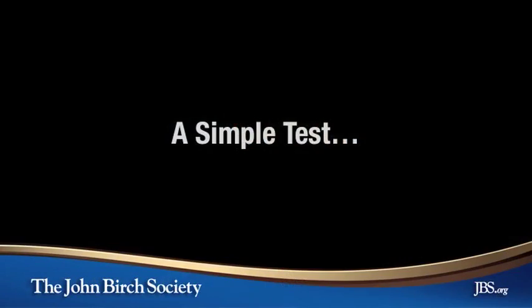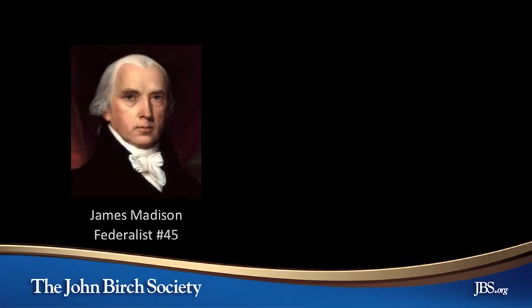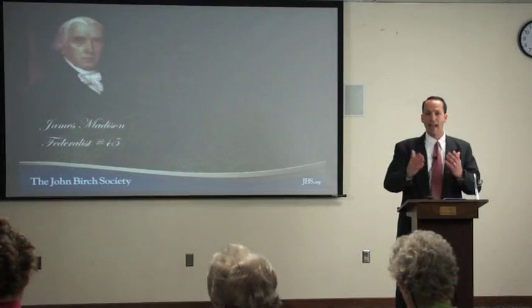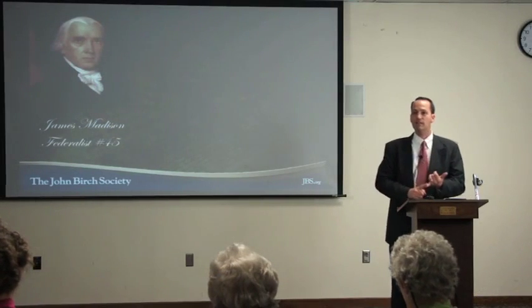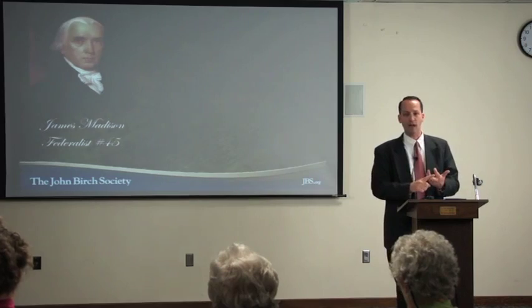Now, a simple test. I always like to make things as simple as possible. If you want to understand what really is constitutional and what is not, when someone's bringing forth an interpretation of here's what the Constitution means, remember this simple test that I'm about to give you. It comes from 2 quotes from our founding fathers. First, James Madison in Federalist number 45. Now, the Federalist Papers, as a quick side note, was a list of 85 letters to the editor, really, written by James Madison, John Jay, and Alexander Hamilton.